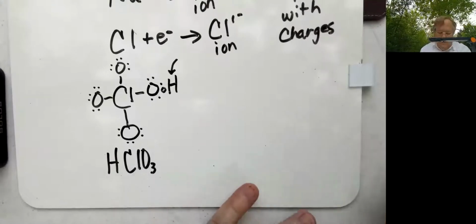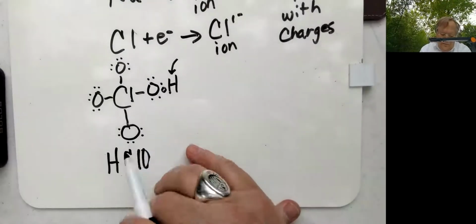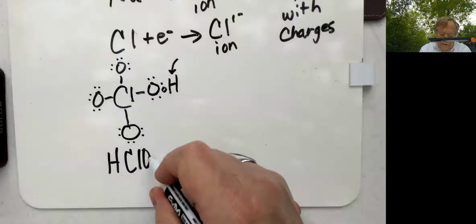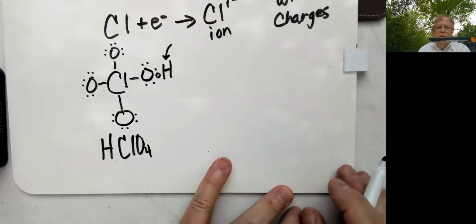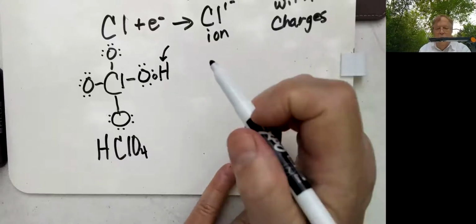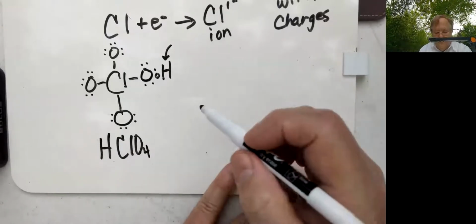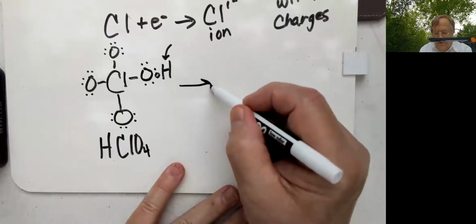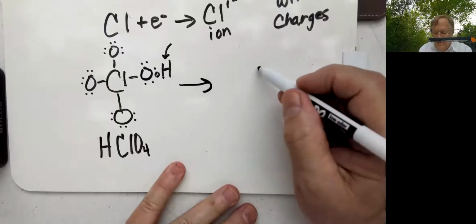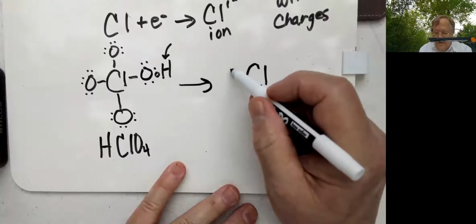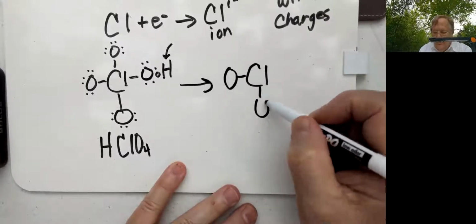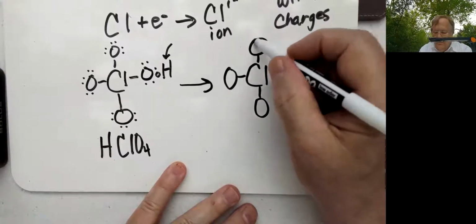Okay, oops, there's 4 oxygens there. And this is perchloric acid, the name of the compound. Once again, not that important today. All right, let's move on. Every once in a while, something comes along and takes that hydrogen away.